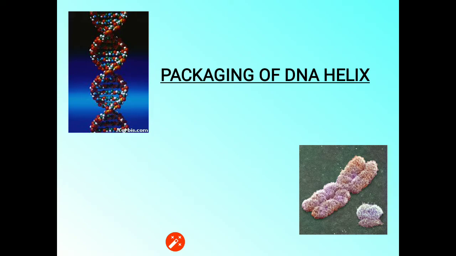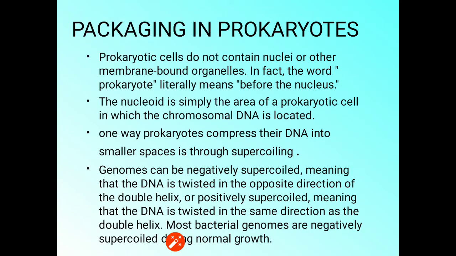Now about the packaging of DNA. Let's start with the prokaryotic cells. In prokaryotes, there is no well-defined nucleus. The DNA is organized in large loops held by certain positively charged proteins in a region called the nucleoid.